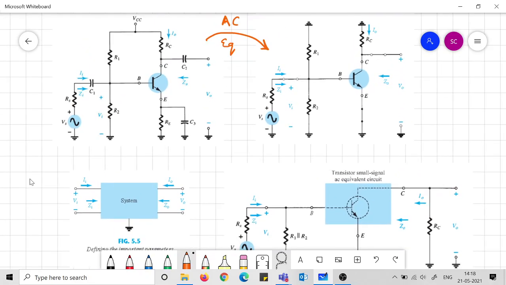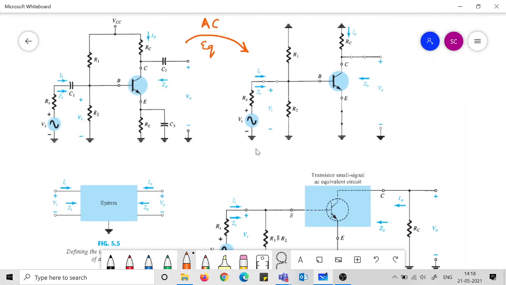And looking from the input side, you will be able to distinguish. So in the input port, no voltage source is connected yet. In the output port also, no load is connected yet. You look into this system, it only has the passive elements within it, and these passive elements can be in any arrangement.